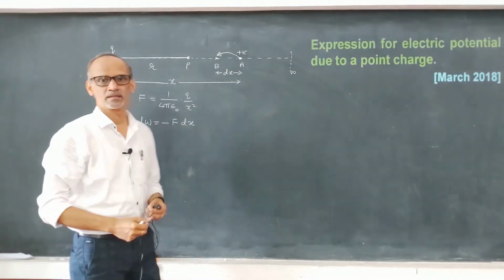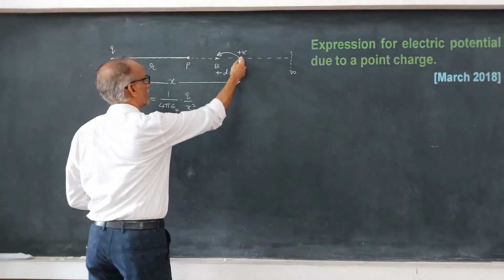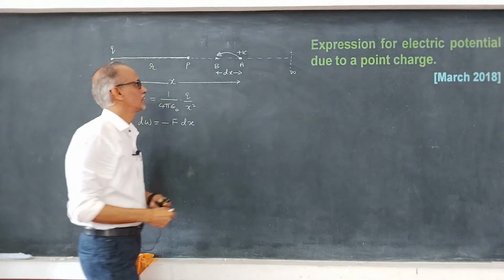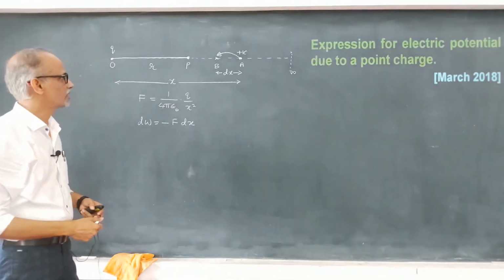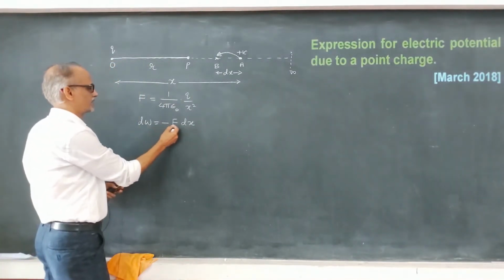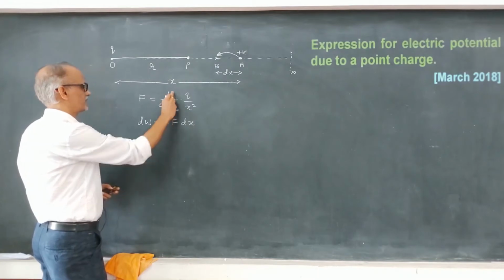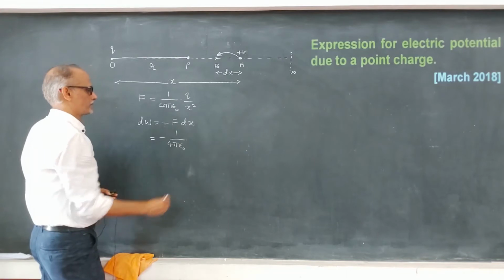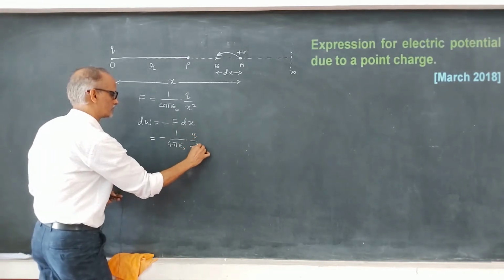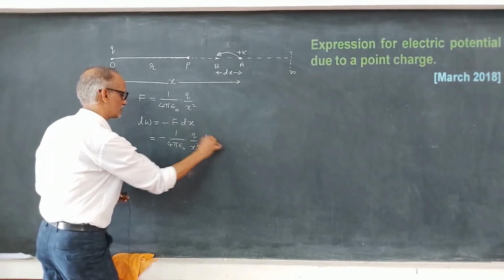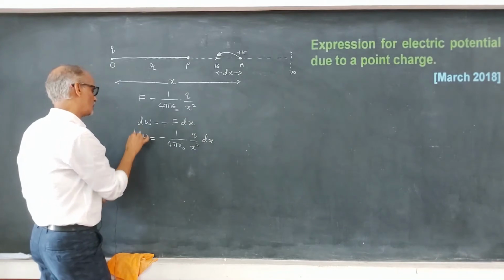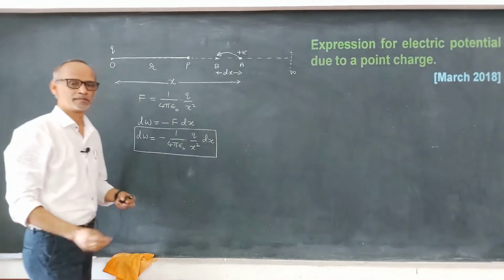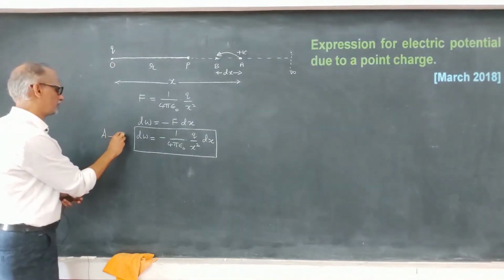Minus, because the force on it is in this direction and the displacement is in the opposite direction. So, force and displacement are opposite, that is why it is minus F into dx. What is F? It is 1 by 4 pi epsilon naught q by x square into dx. This is the small work done in moving unit positive charge from A to B.